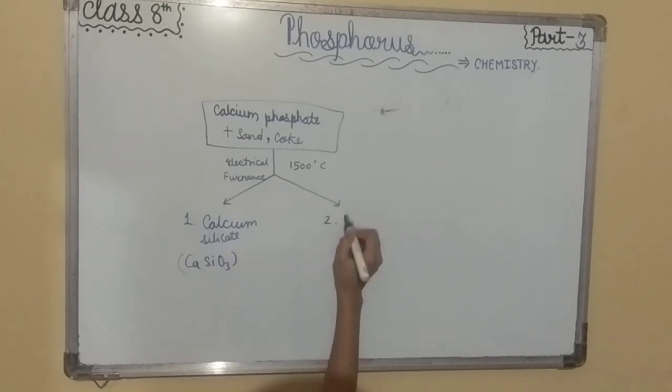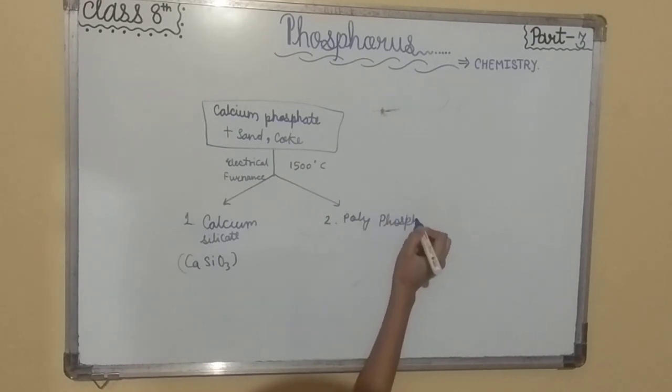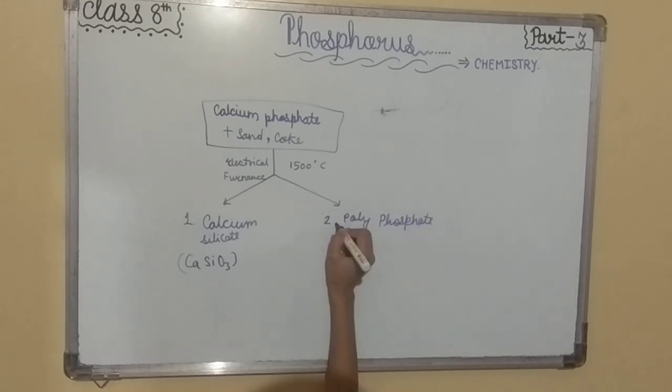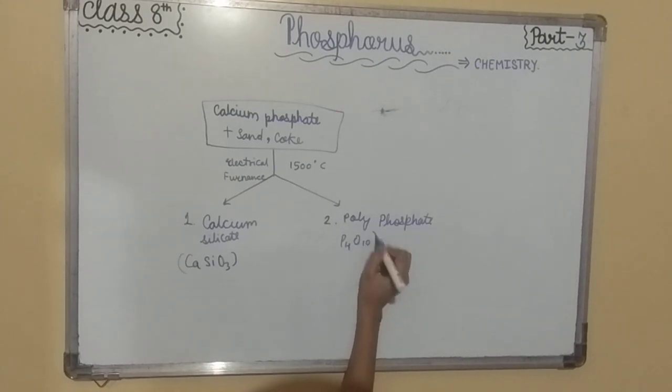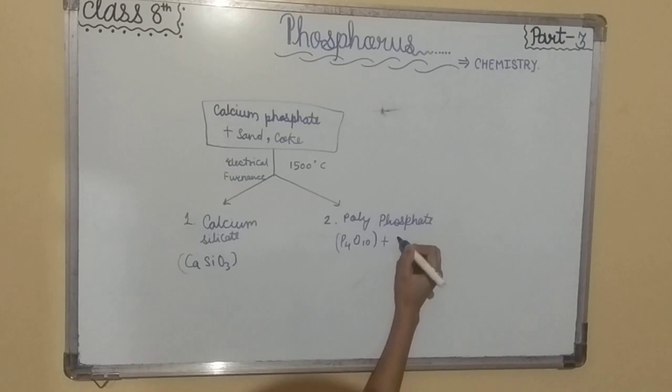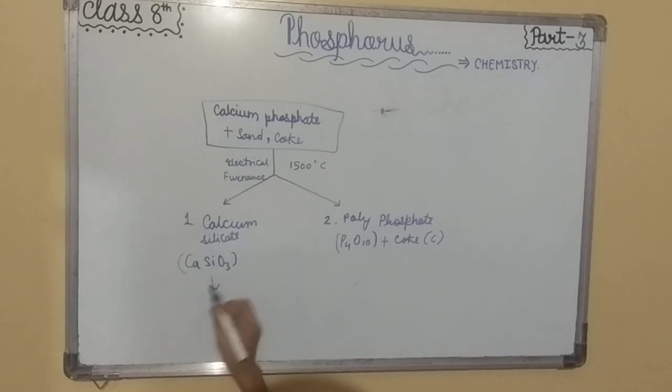Second is polyphosphate, P4O10, plus coke C. Removed as slag.